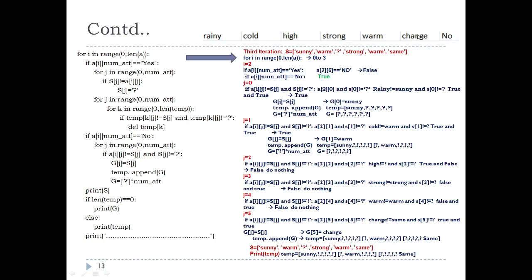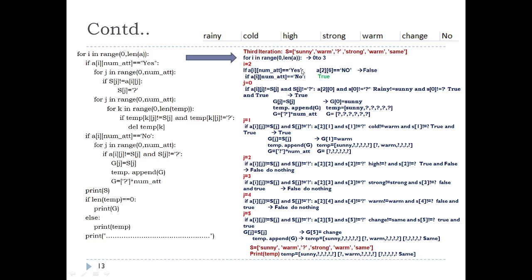This is the third training example. Actually this is a negative example because the target concept value is no. So here in the third iteration, this is the specific hypothesis we are considering. In this particular code, if it is equal to yes, it is false, right?